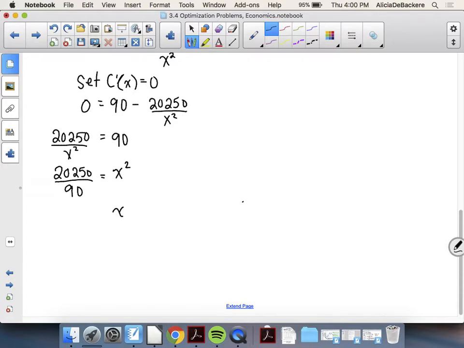And I can see that x is going to equal plus or minus the square root of this fraction, which is equal to plus or minus 15. But negative 15 is outside of our interval because we know that x has to be greater than 0 since it is a side length.